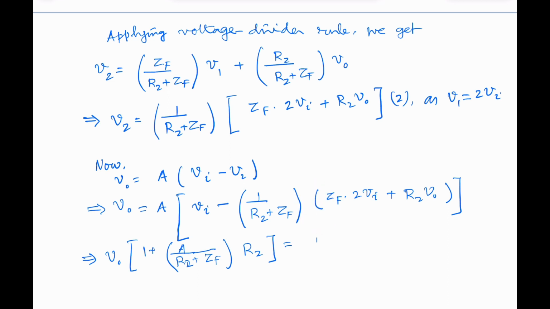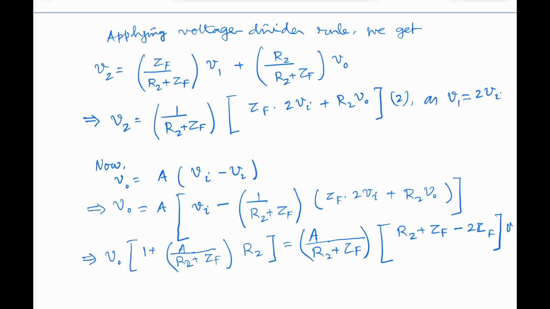And this is equal to A times A upon R2 plus ZF into R2 plus ZF minus 2ZF into Vi.